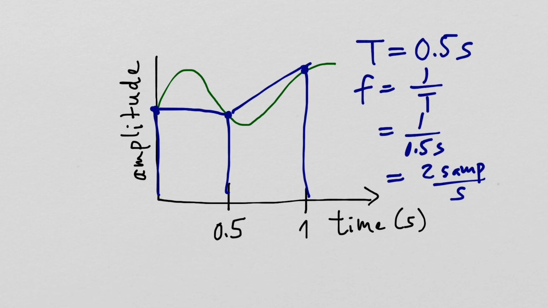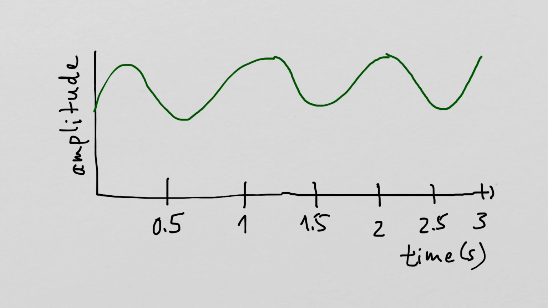Okay, now you might be saying, well, wait a minute, but there's 3 points here, 1, 2, 3. What are you telling me this should be 2 samples per second? It looks like we have 3 samples per second. Well, this is just because we have this initial sample at time 0, and as we have a longer and longer time interval where we're sampling, this extra sample goes away.